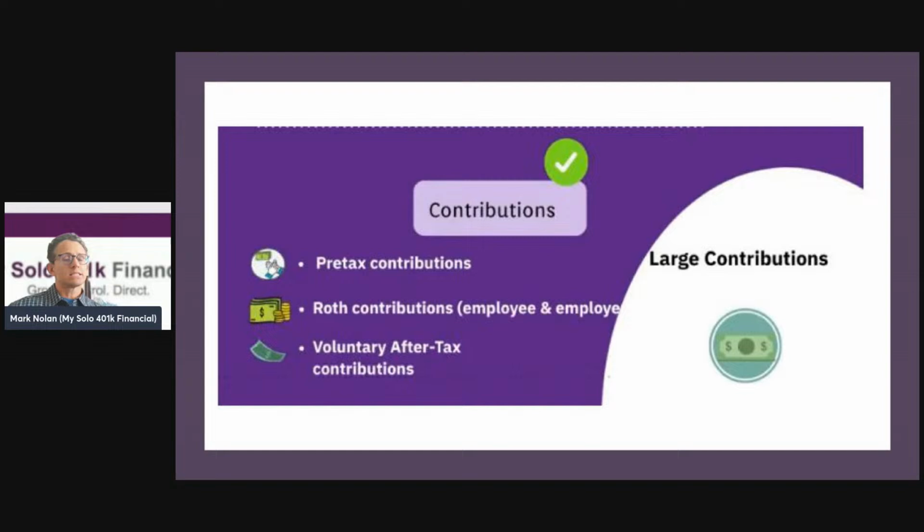Okay, let's talk about the self-directed 401k contributions. So self-directed 401k is very popular for maximizing contributions, whether we're talking about pre-tax contributions to Roth contributions, whether employee or employer Roth, self-directed 401k contributions to self-directed 401k voluntary after-tax contributions. The self-directed 401k allows for all these types of contributions.